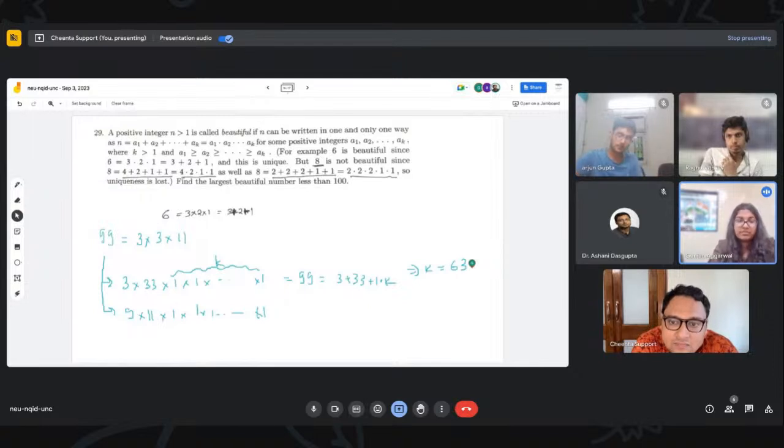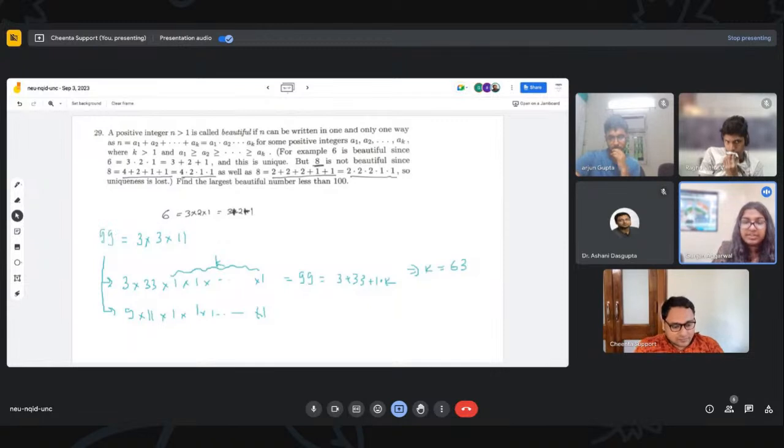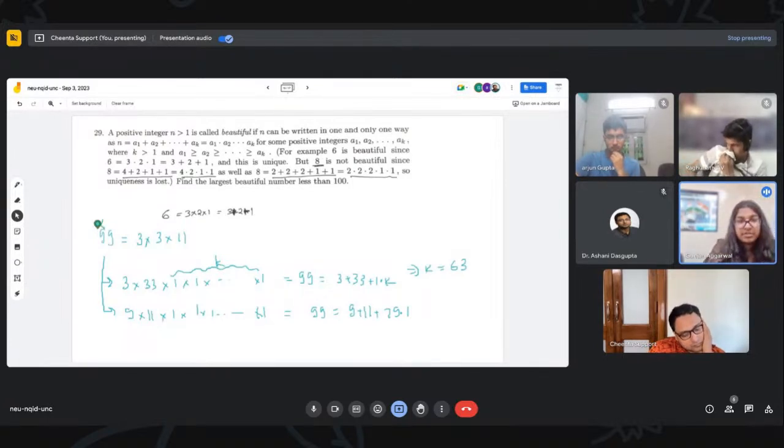Right, so 99 can be written as 3 times 33 times 1, 63 times, and it's the same as 3 plus 33 plus 1, 63 times. And we could also write it as 9 plus 11 plus 79 times 1. So it's not really unique. So 99 is definitely not the largest beautiful number less than 100.